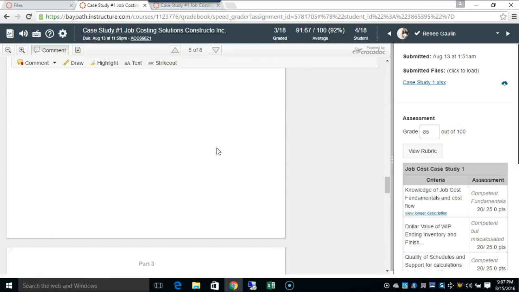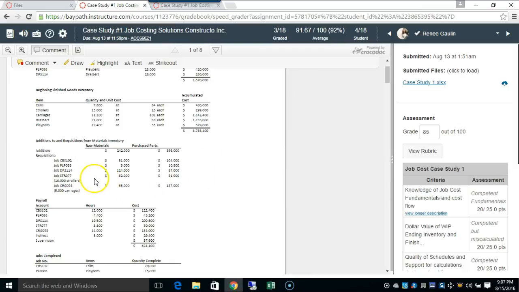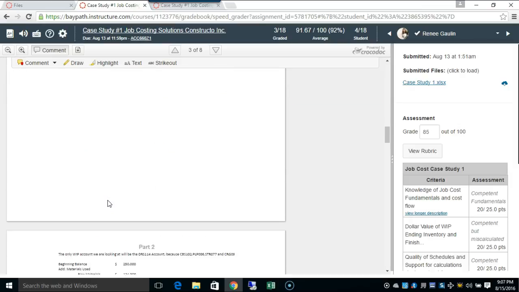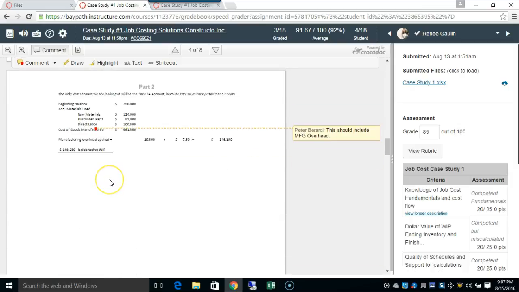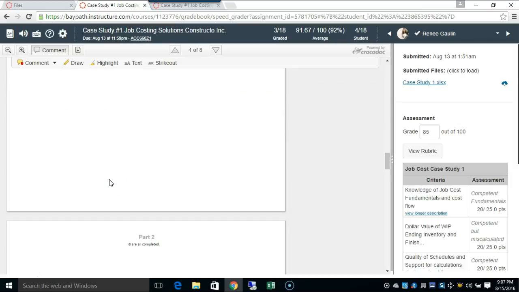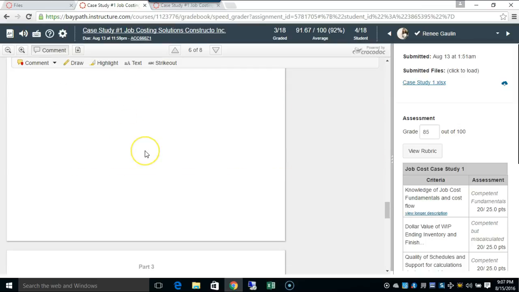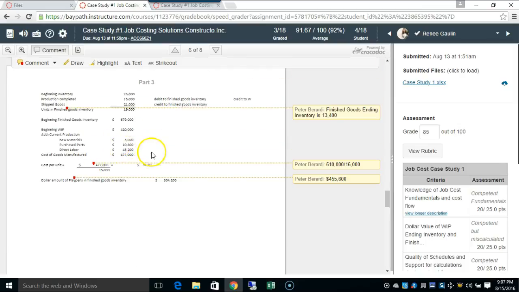And just to review the factory overhead applied, let's go look at your labor hours, which you identified as 4,400 times the $7.50, which was not included in your calculation of finished goods.